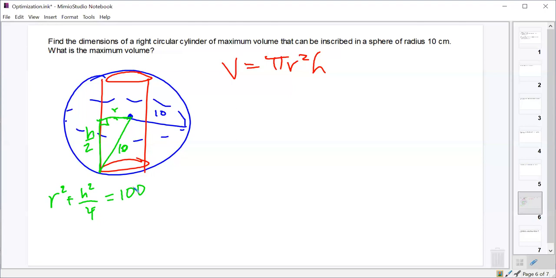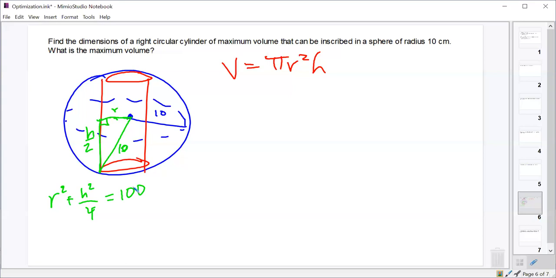And do we want to turn that all in terms of h, or turn everything in terms of r? What do you guys think? So you want to turn our volume equation into all r values? Nah, I like Adrian's idea better there. He says, nah, I think h is better.